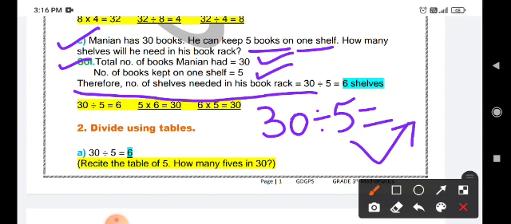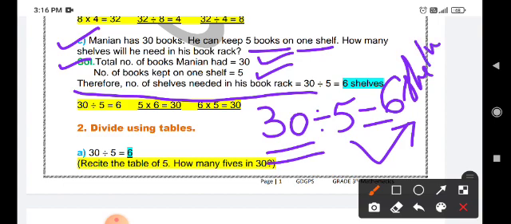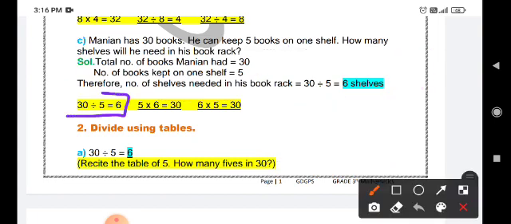Repeat the table of 5 and see where we have 30. 5 sixes are 30. That means Manian needs 6 shelves for keeping 30 books if each shelf holds 5 books. Now we have got the division fact, right? Now we will write the multiplication facts: 5 sixes are 30, 6 fives are 30.